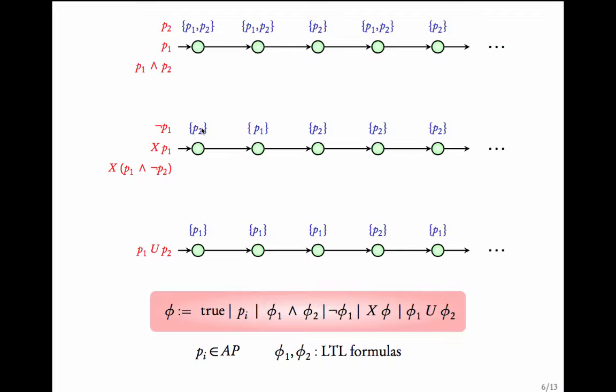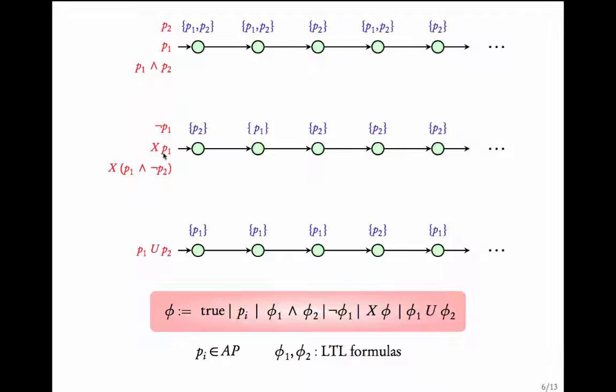p2 is true. So X and U are called temporal operators. They are used, so temporal means related to time. So by time we do not mean precise time as in 3 units, 4 units and so on. This just says that along the word sometime p2 is true and till then p1 is true.